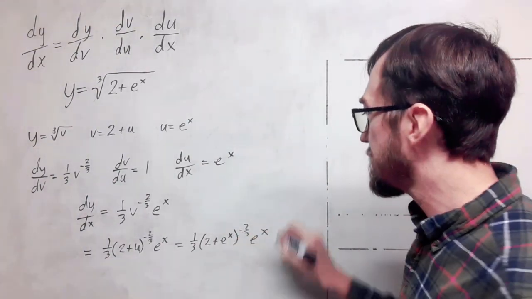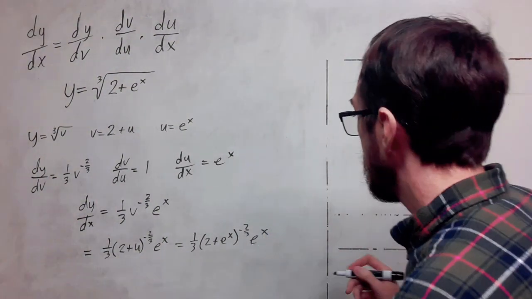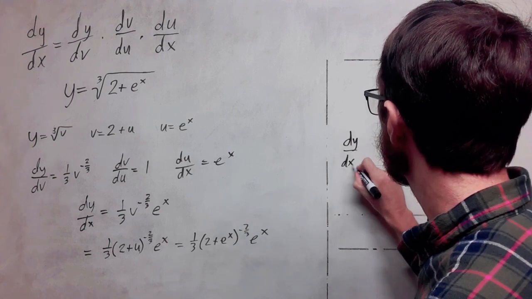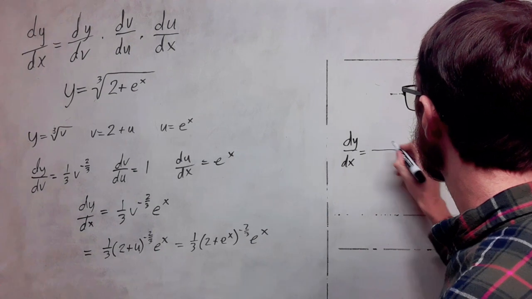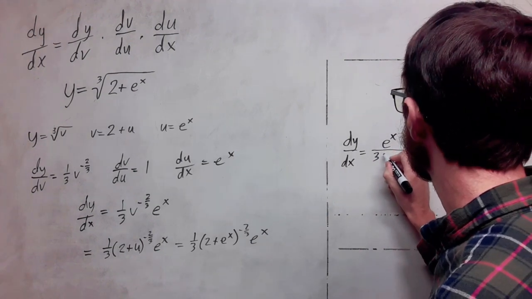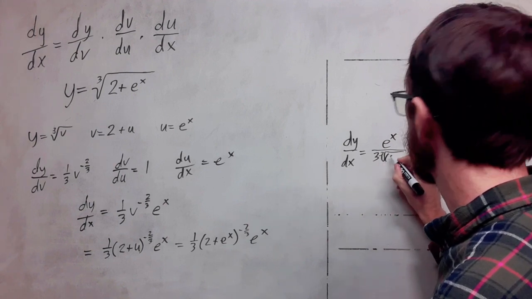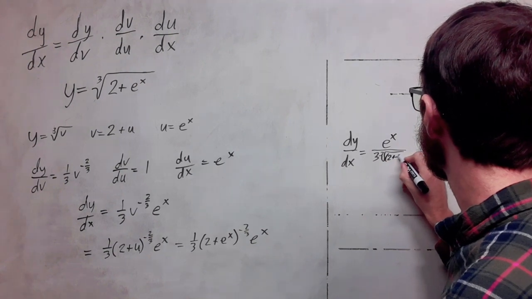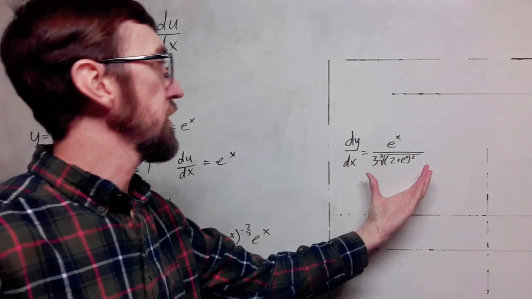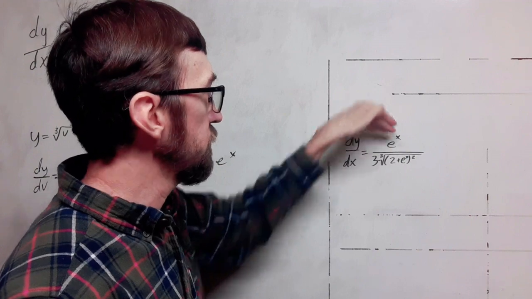Now, this you can rearrange algebraically and get another form. We can rewrite this piece here algebraically so that it's this here, where we have this fraction with e to the x in the numerator.